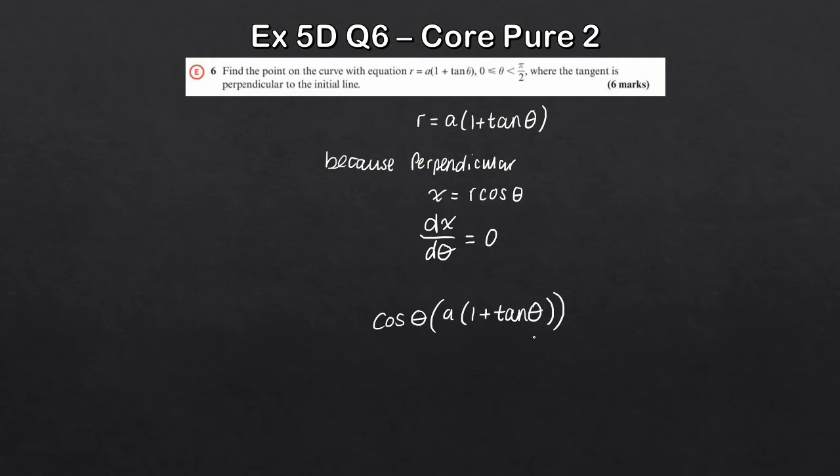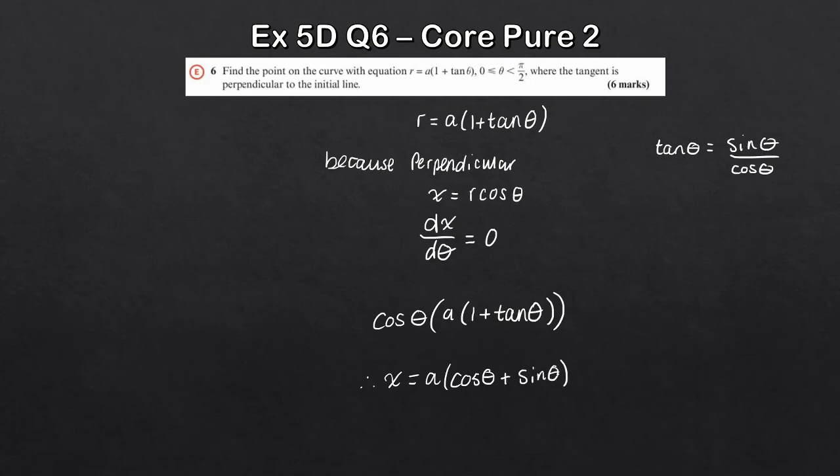Now if you were to consider multiplying through by the cos theta here, I'd get cos theta times 1, and I'd get cos theta times tan theta, but remember we can write tan theta as sin theta over cos theta. So again, using another identity here. So, writing that all out now, x is equal to a lots of (cos theta plus cos theta times sin theta over cos theta), and that is just sin theta.